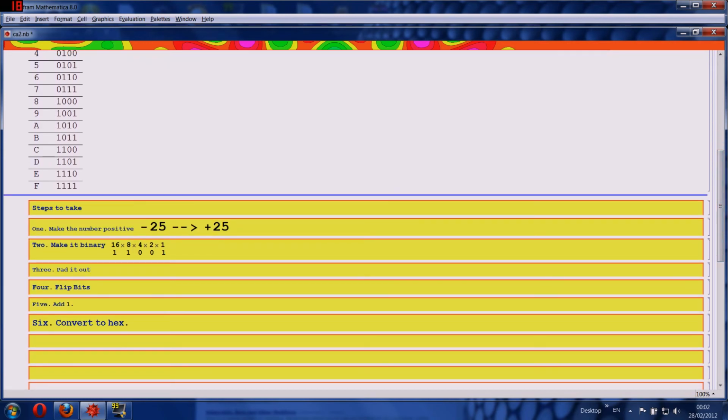So let's just do that. There's 5 bits there, aren't there? I'm going to have to think of some notation for it.